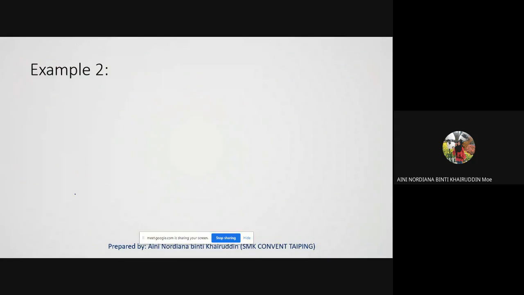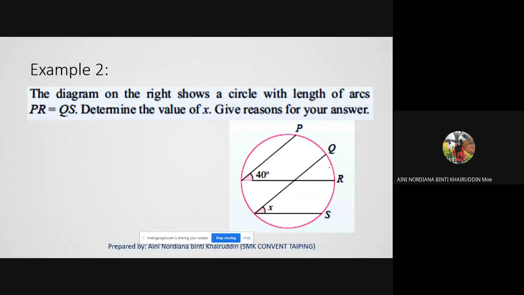Okay, have a look at this example. So given that arc PR equals to arc QS, mean these two arcs have equal length. So what is the value of X? Anyone?